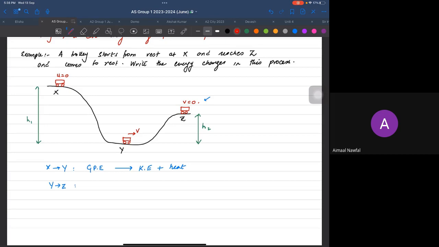So what is the inertial energy it has? So it's moving, and because of movement, we can say it is kinetic energy. And now kinetic energy is gaining height again, so it is changing to what?